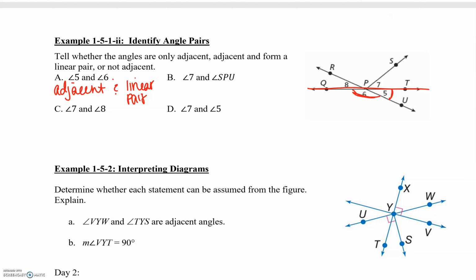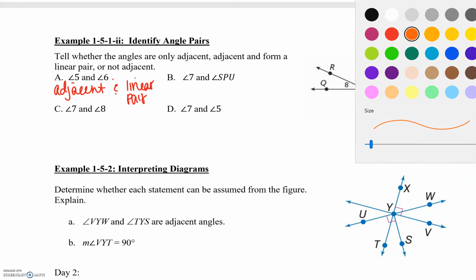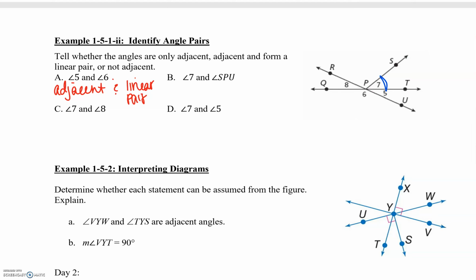Okay, we've got 7 and 8. So let's mark those so we can kind of visually see it. Now those are not opposite each other, creating two lines intersecting. So those are not vertical. Those are not adjacent because they're not sharing a common side there. So this would just be not adjacent.